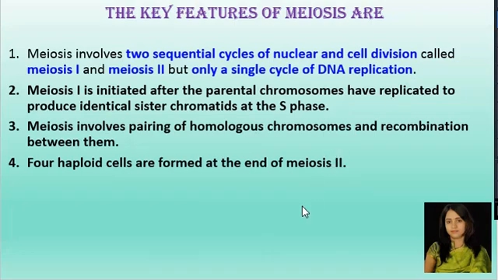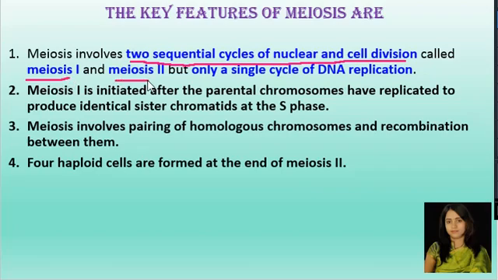The meiotic division has some important key features. There are 4 important key features. Let us see which are those. The first one is that meiotic division involves 2 sequential cycles of nuclear and cell division called meiosis 1 and meiosis 2.